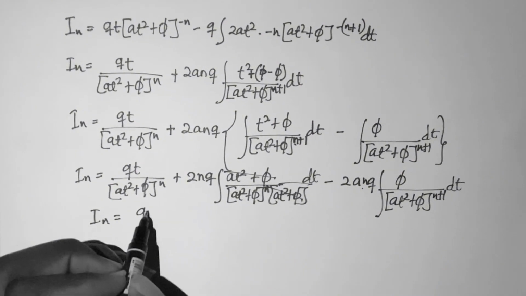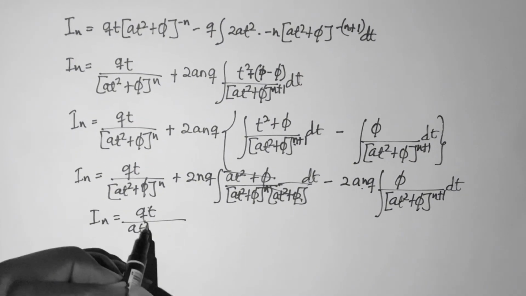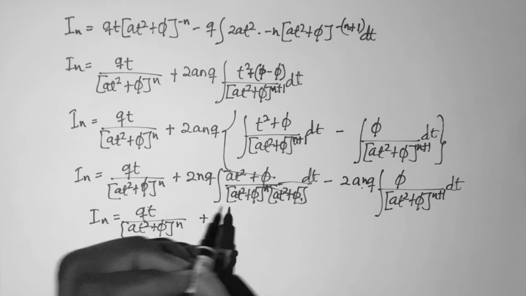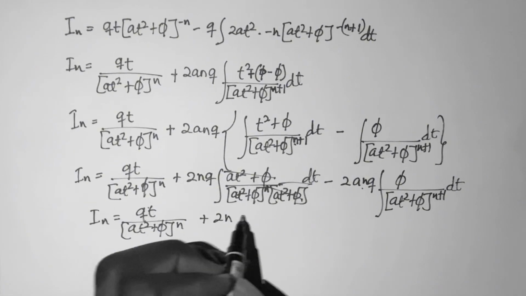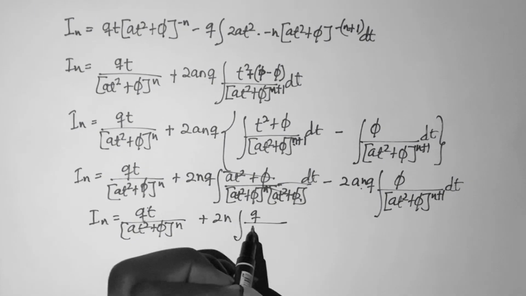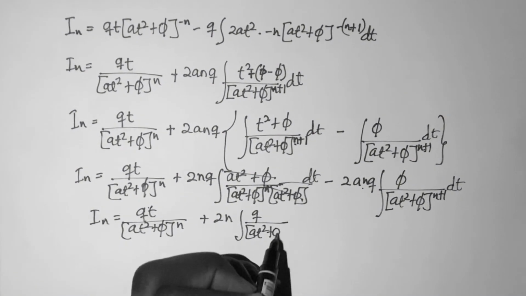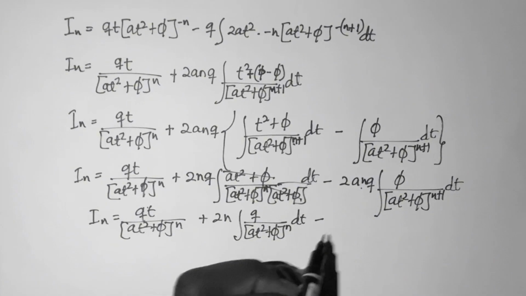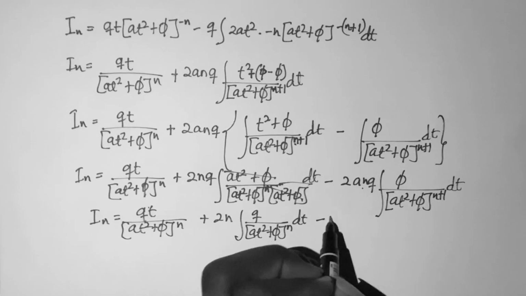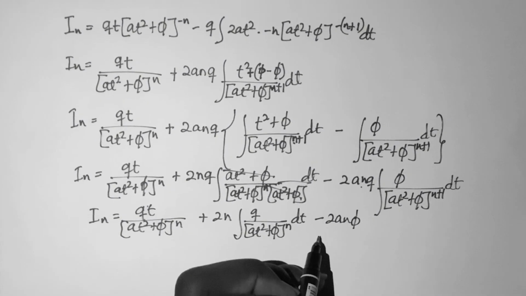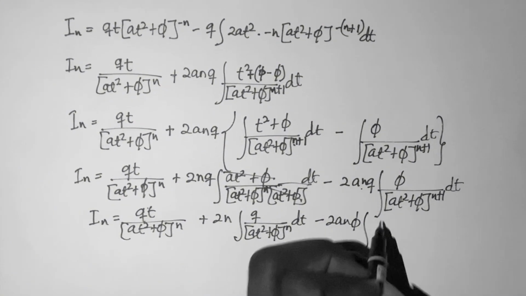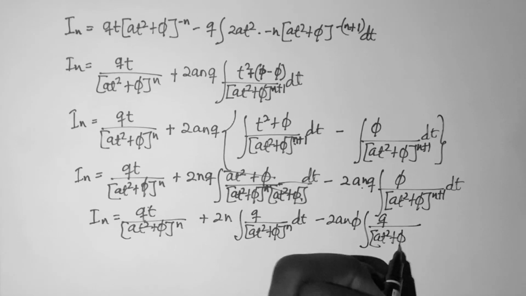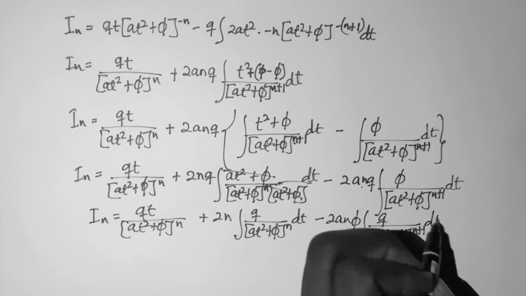Therefore I of n is equal to qt divided by (at squared plus phi) exponent n, plus, I want to push q inside, so 2n integral of q divided by (at squared plus phi) exponent n dt, then minus, I want to bring phi out and push q inside, so here becomes 2an phi, and then integral of q divided by (at squared plus phi) exponent n plus 1 dt.